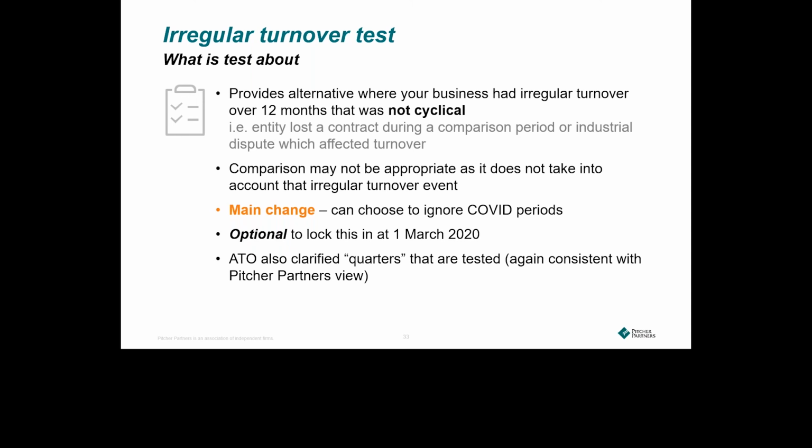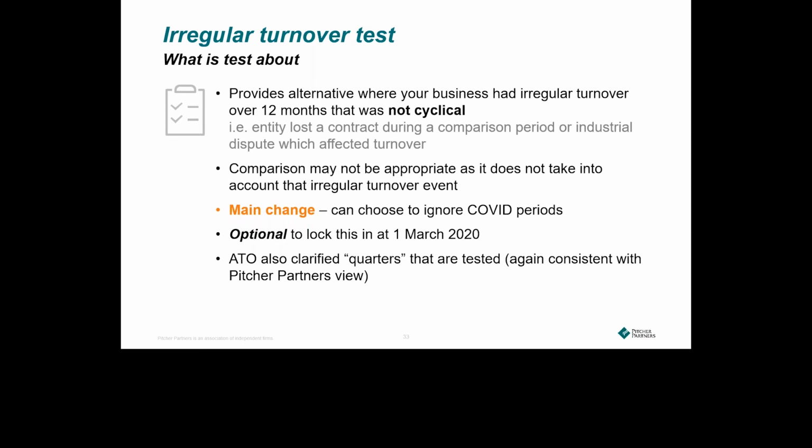And also there was a change because there was some confusion in the original alternative test around the use of the word quarters, whether that means any 3-month period, or the quarters as we normally understand them, ending March, June, September, and December, which also was a defined term in the tax legislation. So there was an argument that that was the appropriate meaning. This issue was highlighted by Peachy Partners, and it's now been clarified. So now the use of that word quarters is gone.